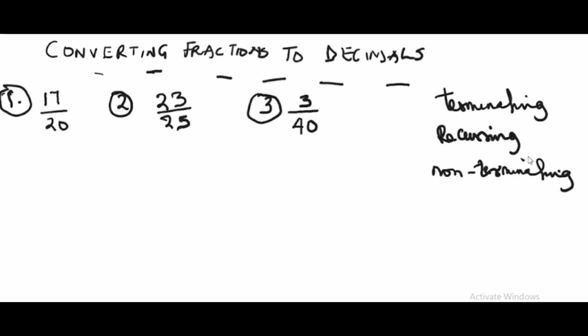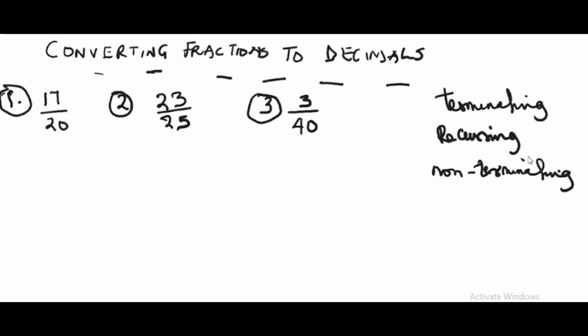So I might have 0.87123456, just like that, different numbers, yet the decimal is not ending. So I can also treat it the way I treat recurring decimal by using 3 dots, and then I stop there. So these are the three kinds of decimal you will have when converting from fractions to decimal.